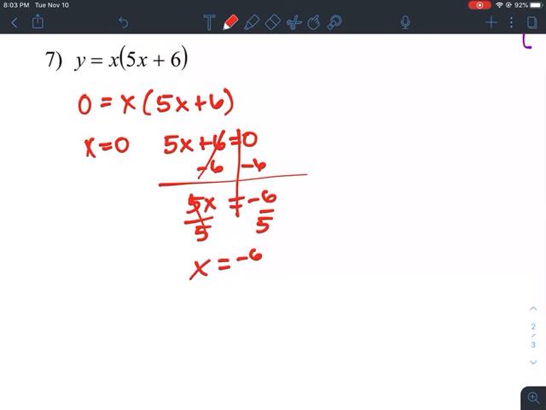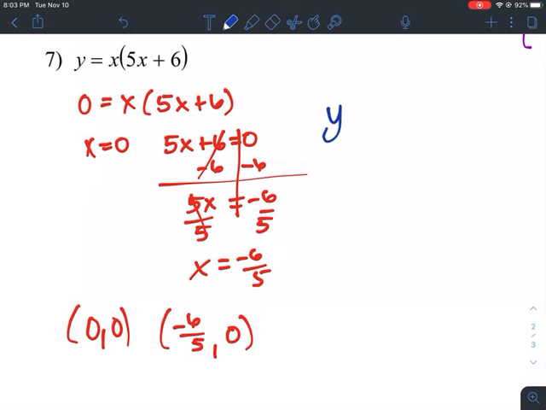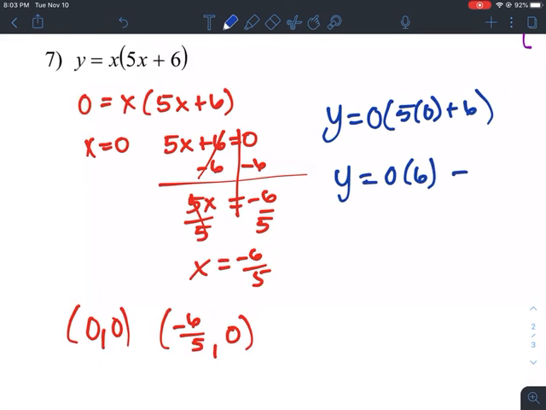X equals -6 over 5. So it touches the x-axis at the points 0, 0, and -6/5, 0. As far as the y-intercept, plug in 0 for x. So that becomes just 0 times 6, and anything times 0 is 0. So it touches the y-axis at the point 0, 0.